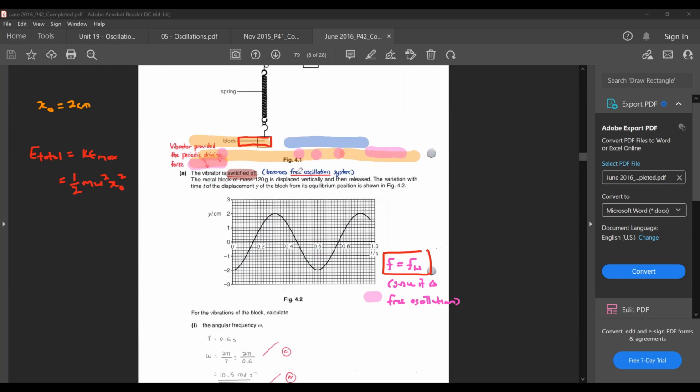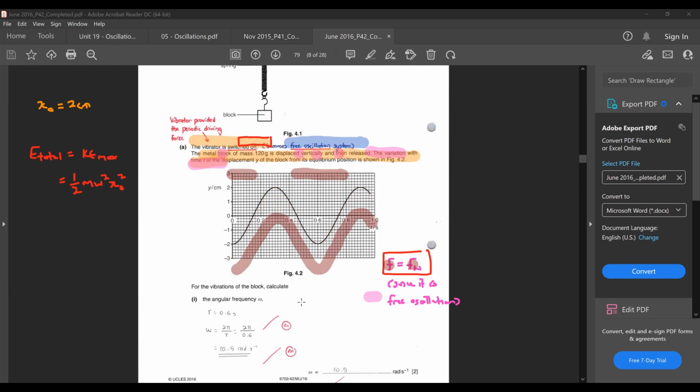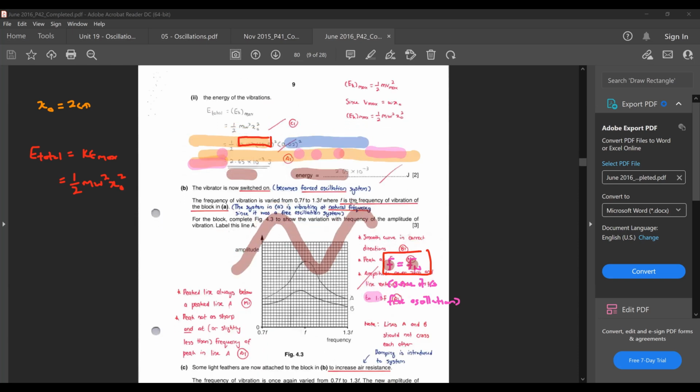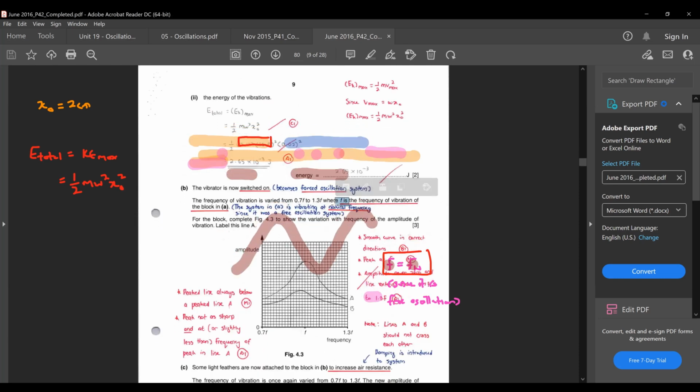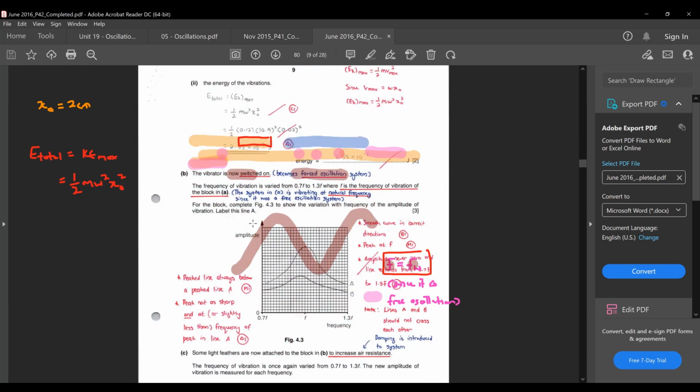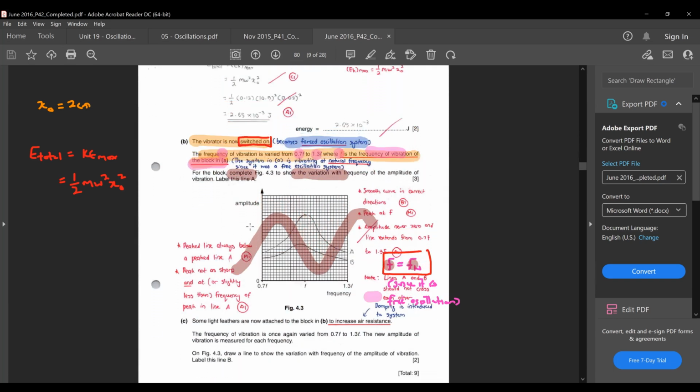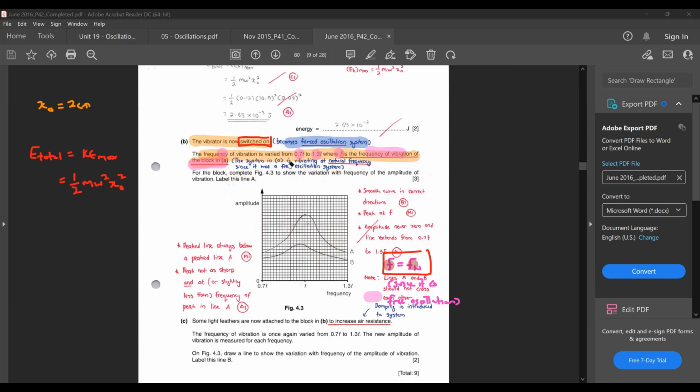You gave it initial displacement and then you let it oscillate. This is free oscillation. So whatever oscillation you're getting right over here, the frequency would have been the natural frequency itself because it was oscillating freely. So you can think of F here being the natural frequency. So you vary your driving frequency from 0.7 F to 1.3 F.